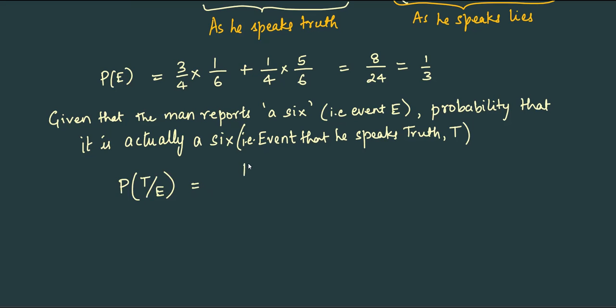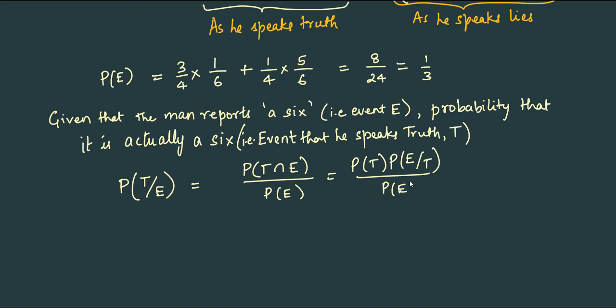This is the probability of T given E, which is the probability that he speaks truth and he reports a 6, divided by the total probability.